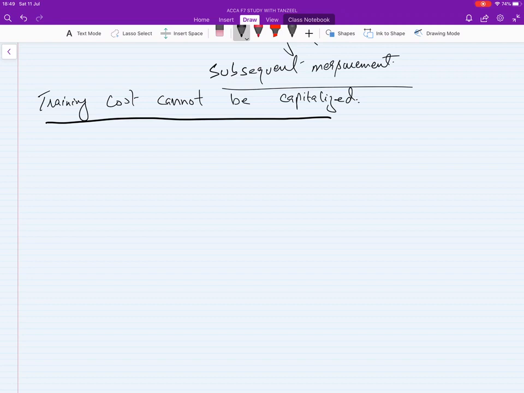Suppose I have a chartered accounting firm, or a business or a machine, and I need to give training to my employees on how to operate that machine. If I spent 100,000 on training, I cannot capitalize that 100,000 because I do not have any control over the employees.